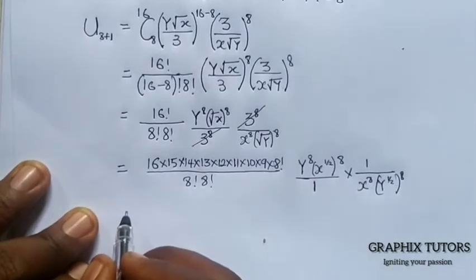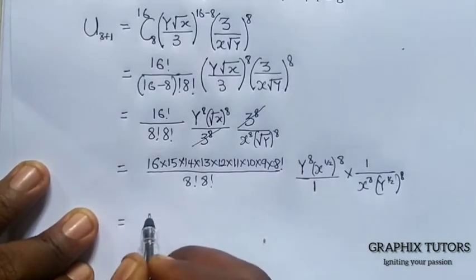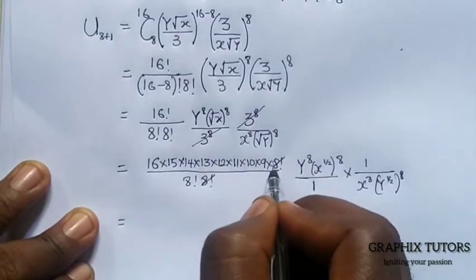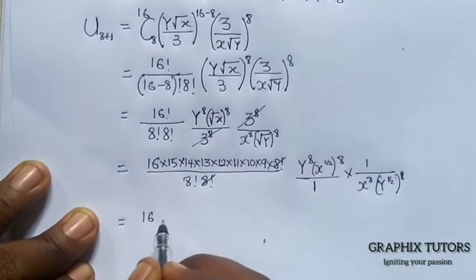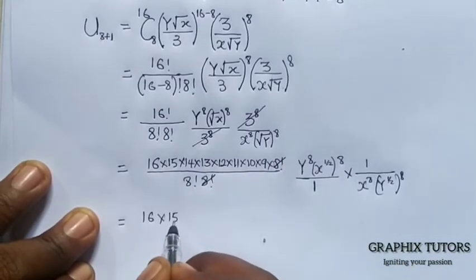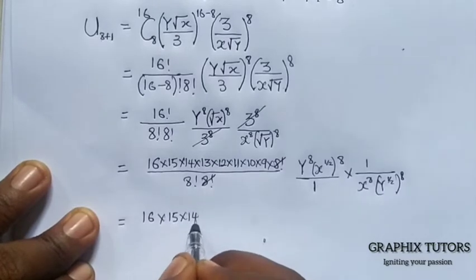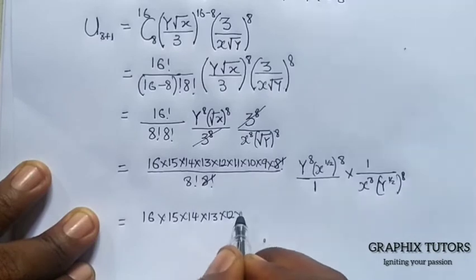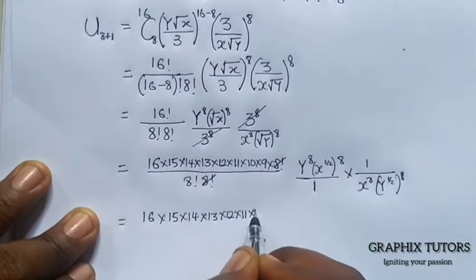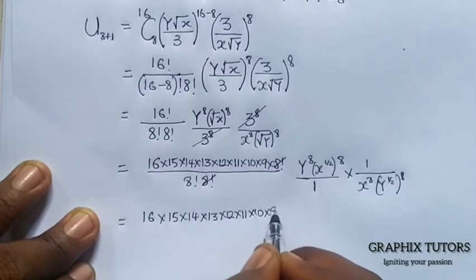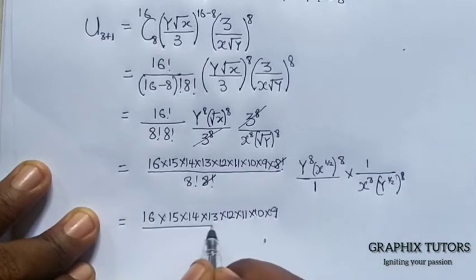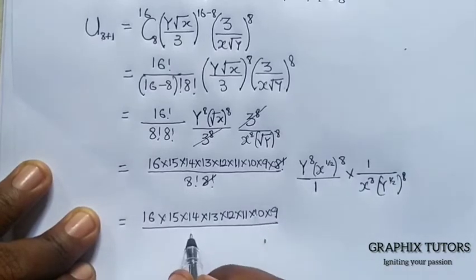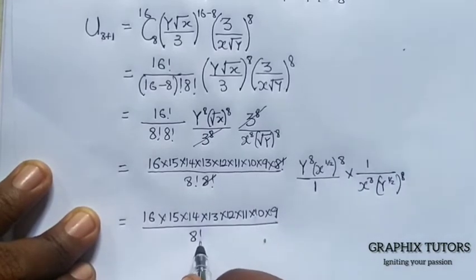So from here, this will give us the 8 factorial cancelling 8 factorial, left with 16 multiplied by 15 multiplied by 14 multiplied by 13 multiplied by 12 multiplied by 11 multiplied by 10 multiplied by 9, everything all over 8 factorial, right?